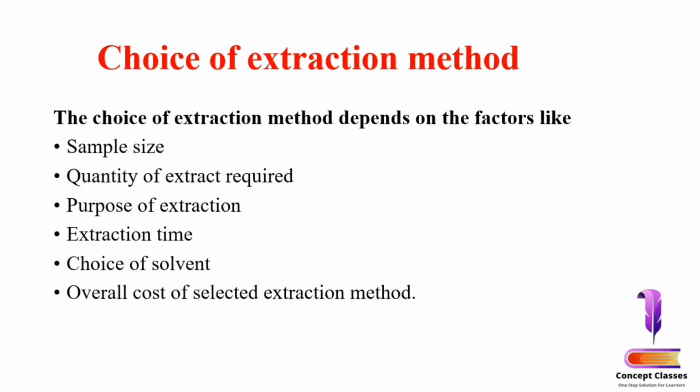Now the solvent also, when you go for some extraction process where we need to apply heat, we have to choose a solvent accordingly. And finally, the overall cost of the selected extraction method is also to be considered. So these are the factors. Analyzing all these factors, we have to choose the extraction method.